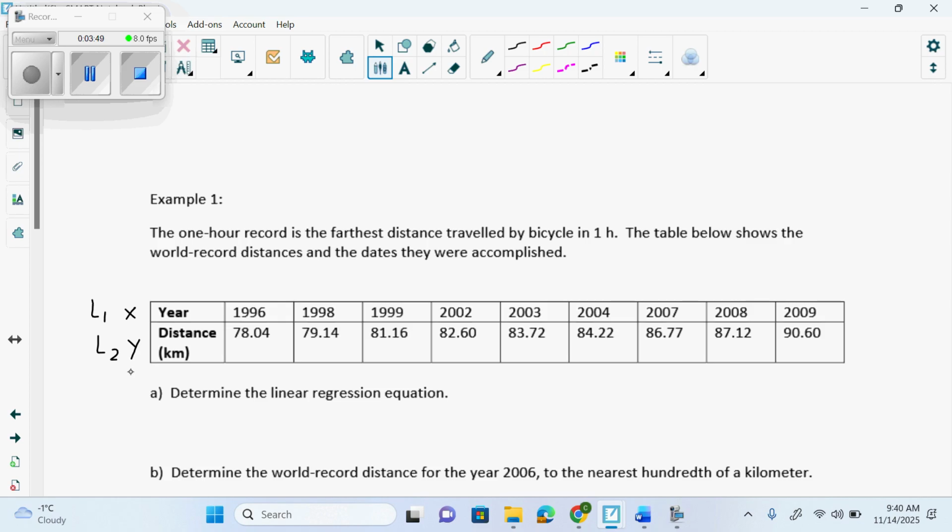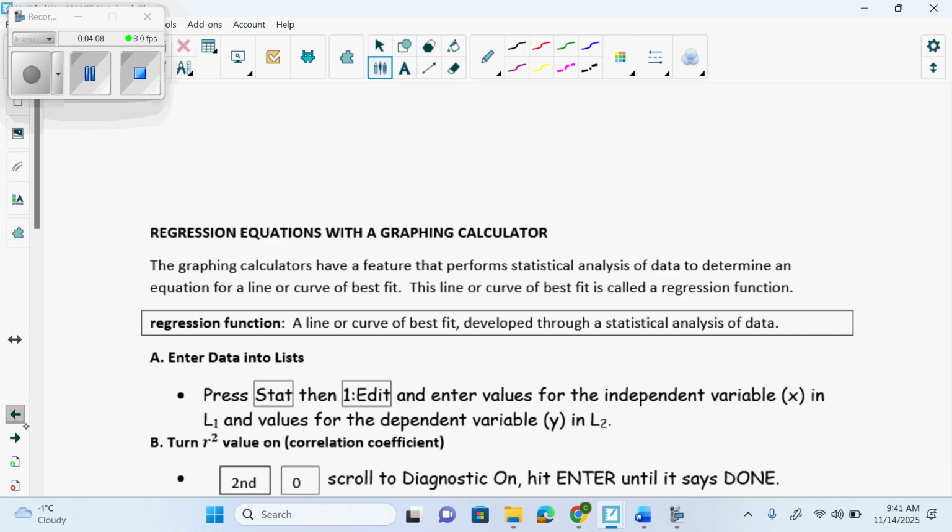You're very smart. So what we're going to do is get the data into the list. Are we listening? So we go stat. Everyone's pressing the button stat. See here? It says enter data into list. You go stat, edit.